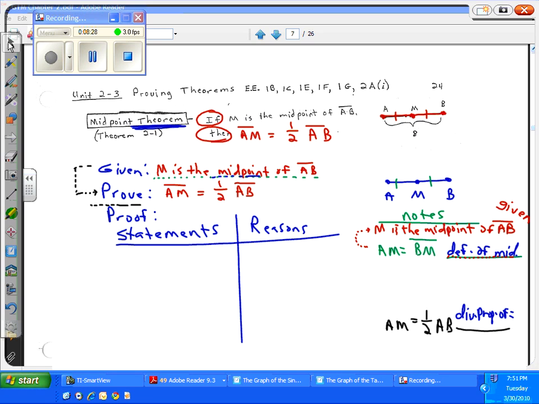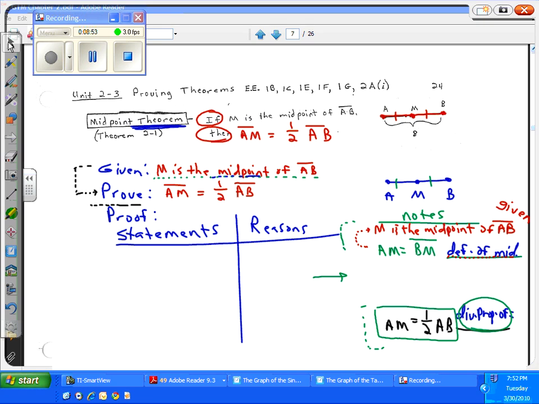Now, if I'm going to divide by 2 and get this, see, from here on out, it's just logical thinking. How do I work my way backwards? I know this up here, and I know this down here, but the middle stuff has to give me that reason I'm looking for.